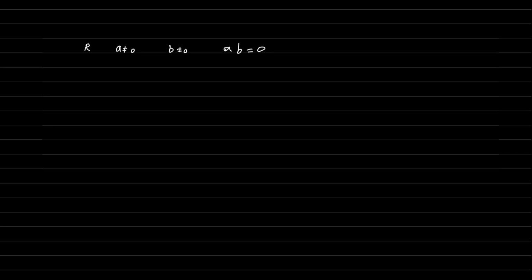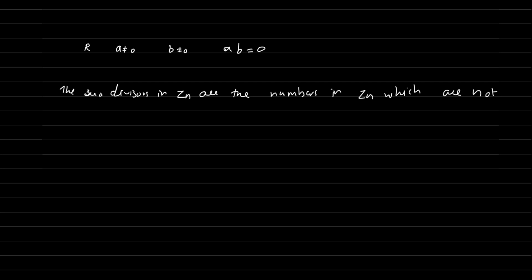I am going to prove that the zero divisors in Zn are the numbers in Zn which are not relatively prime to n.